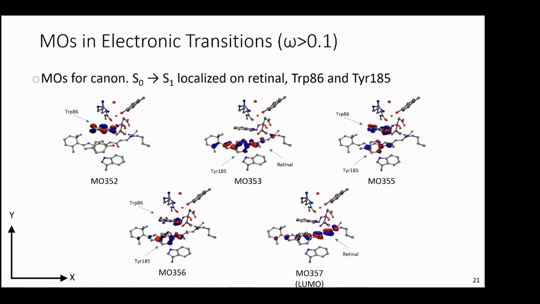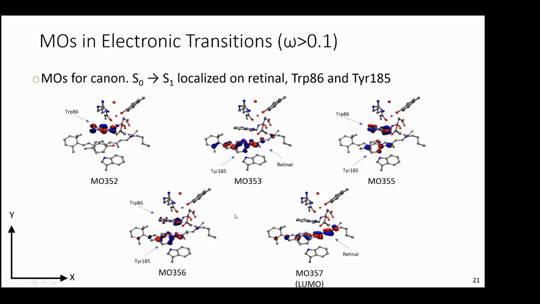And this electron density from these orbitals is transferred to the antibonding pi LUMO on retinal that I just showed you. Other orbitals involved contribute less than 1% to this excitation, and so clearly these are the main players in this excitation. Clearly these molecular orbitals are localized on retinal, tyrosine 185, and tryptophan 86.